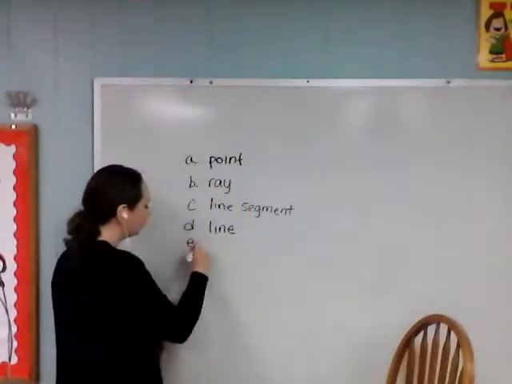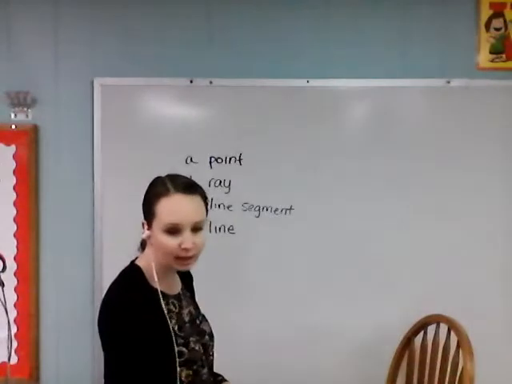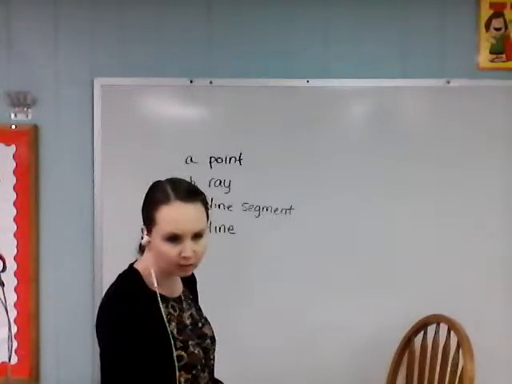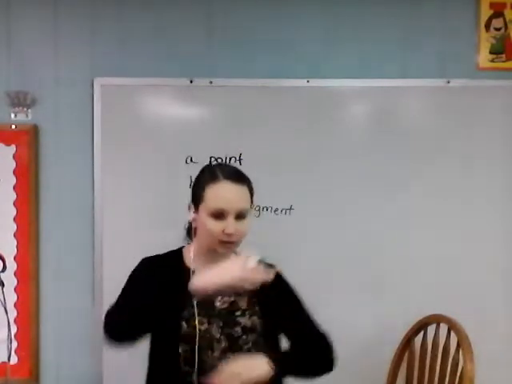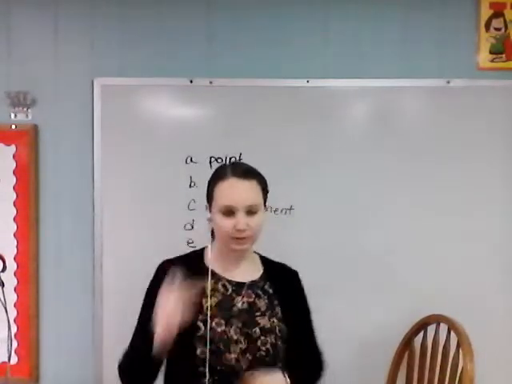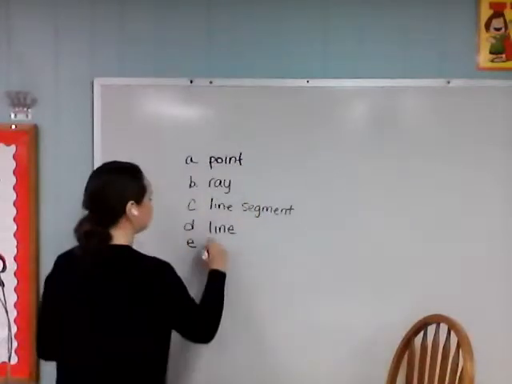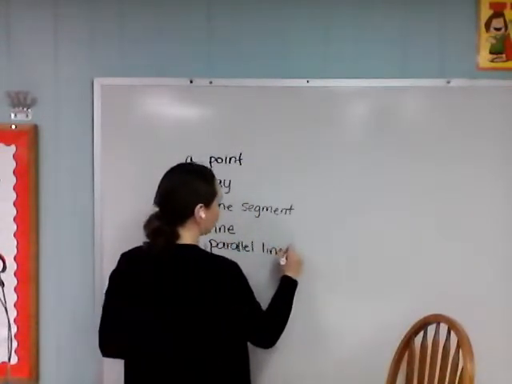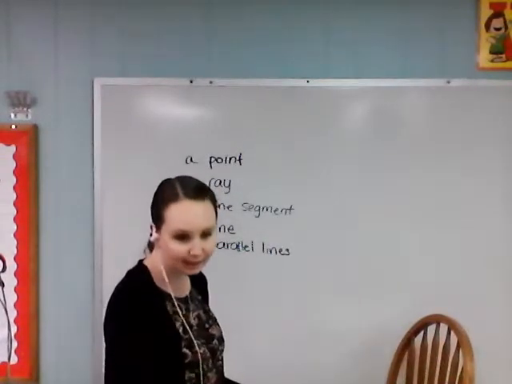Now, E. Tyler H., what kind of lines are those? For 1E, the lines that are going like this, what are those? Parallel lines. Very good job. Make sure you guys all write lines with it so you know parallel lines.